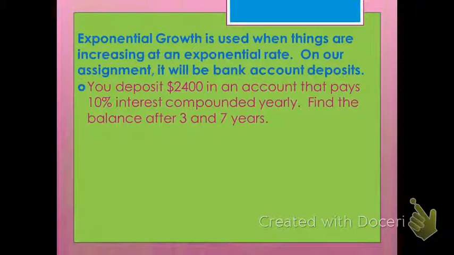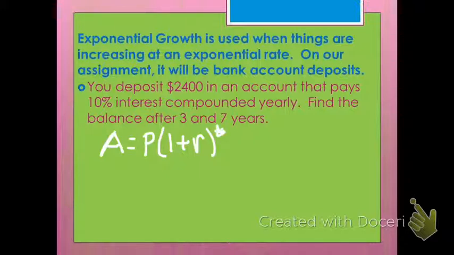So if we look at the first one, we've got exponential growth because things are increasing at an exponential rate. And on our assignment, everything is bank account deposits for this assignment. So you're going to deposit $2,400 in an account that pays 10% interest compounded yearly. So we know that we're using exponential growth, so A equals P times 1 plus R to the T power.